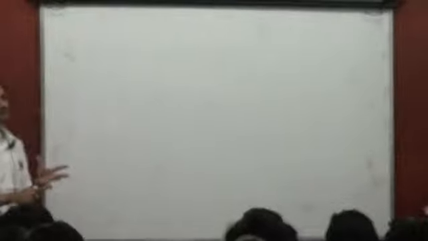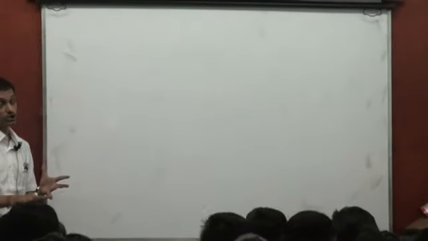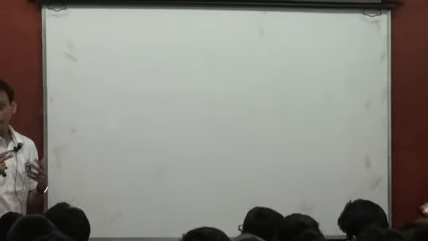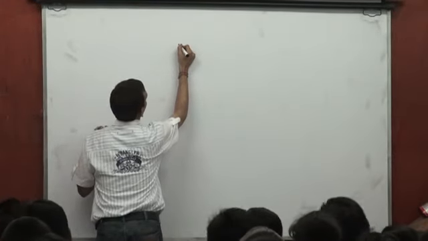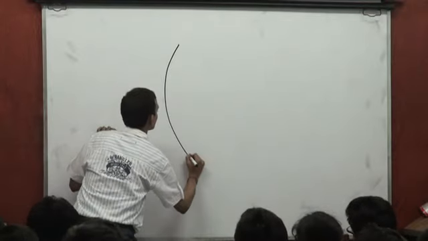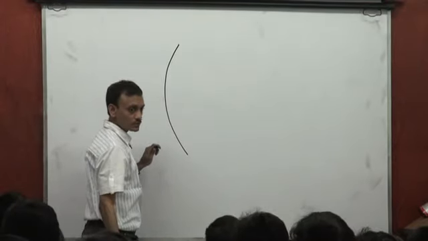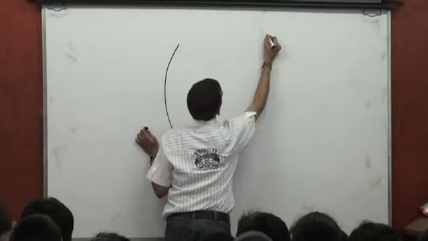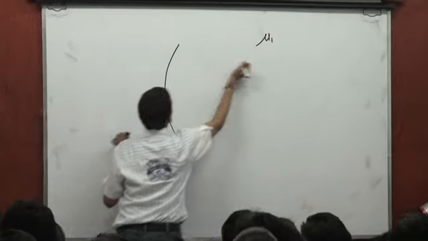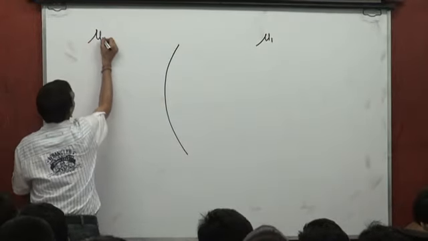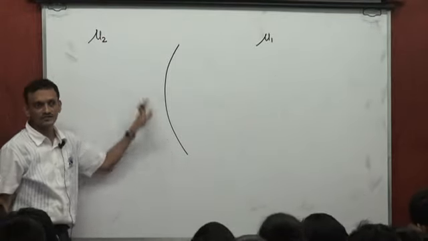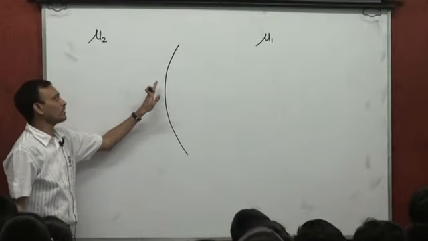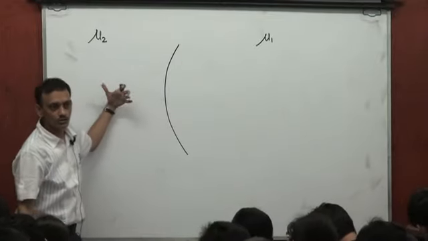Again, a curved spherical surface. When I talk of refraction, instead of one medium, you'll have a pair of media. So let's say this is a curved spherical surface separating two media, one of refractive index mu1, the other one of refractive index mu2. Curved spherical surface, which is the boundary of separation between mu1 and mu2.